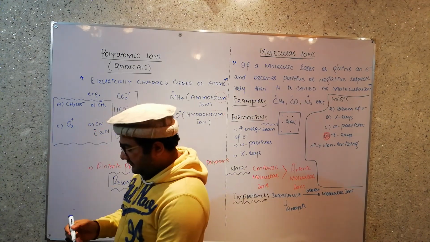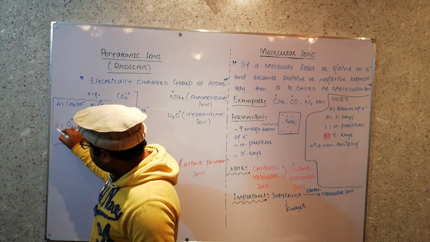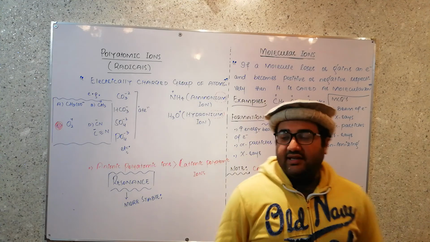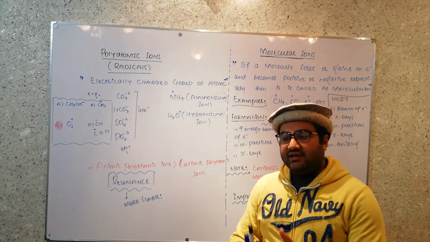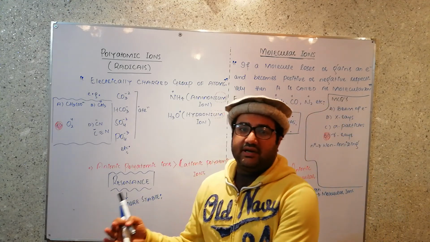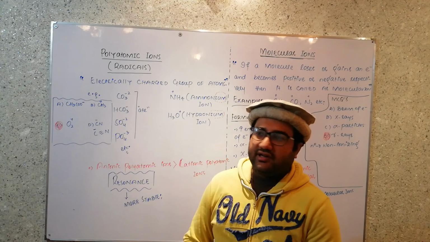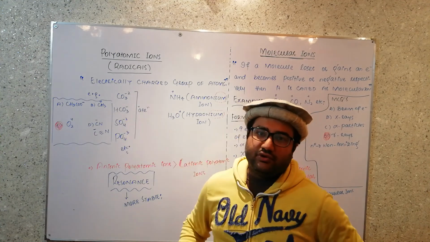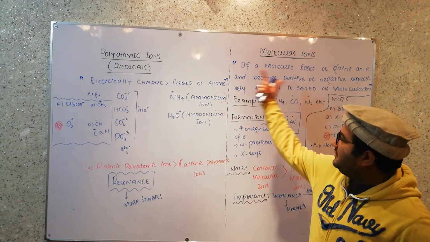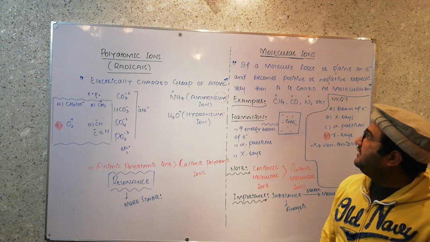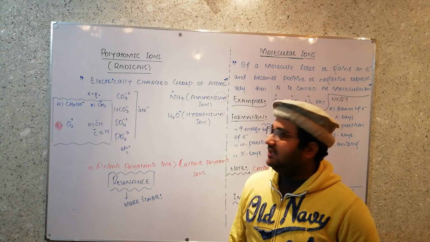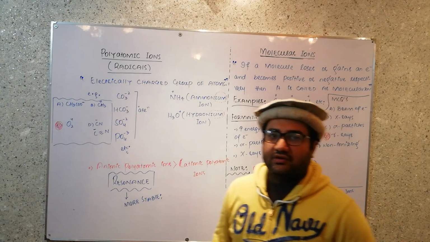But O2 positive is a molecular ion, because when we removed the charge, we found it to be a molecule, a stable species. The rest of the 3 are polyatomic ions. So these are 2 important MCQs, and this was the discussion of polyatomic ions, radicals and molecular ions. I hope the idea is clear to you. Thank you so much. See you in the next lecture. Allah Hafiz.